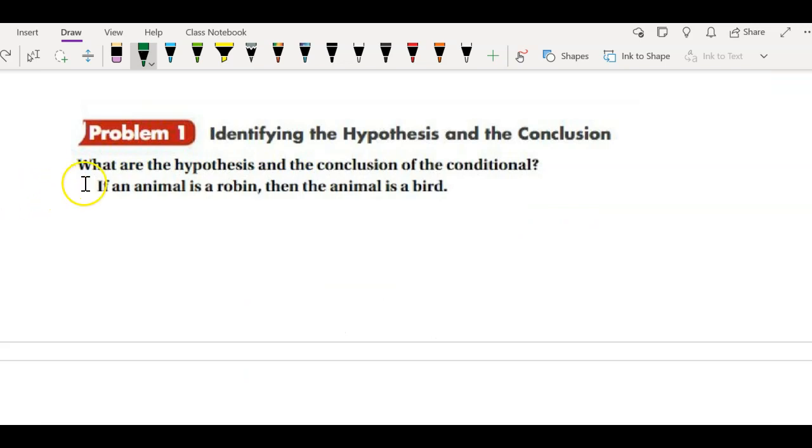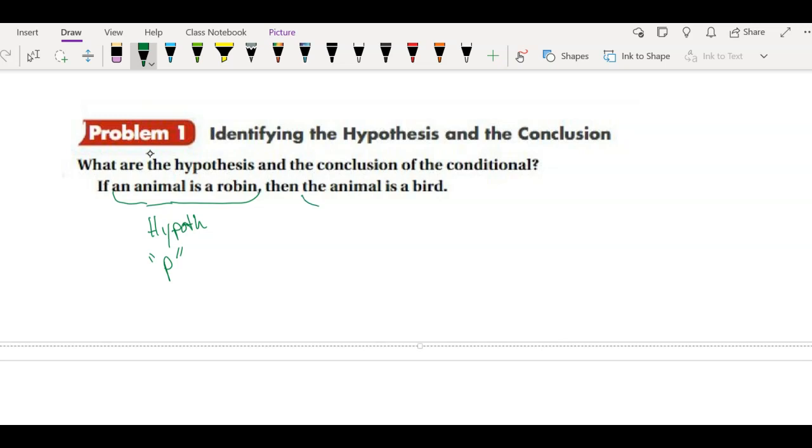Okay, let's take a look at a more concrete example. We want to identify the hypothesis and conclusion of this conditional statement. So the statement is, if an animal is a robin, then the animal is a bird. So, an animal is a robin is our hypothesis, or part P of the statement.